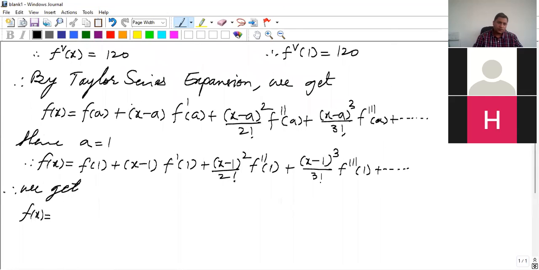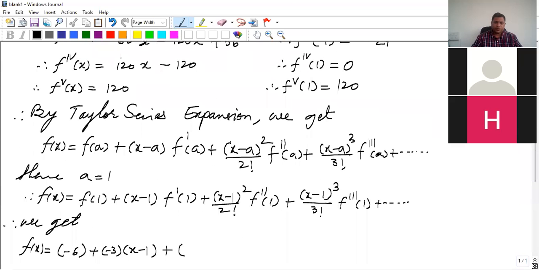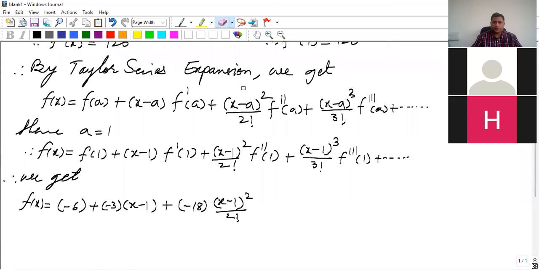So we got here minus 6 plus minus 3 into (x minus 1) plus the next term, which is minus 18, times (x minus 1) bracket square by 2 factorial. Then we have minus 24.